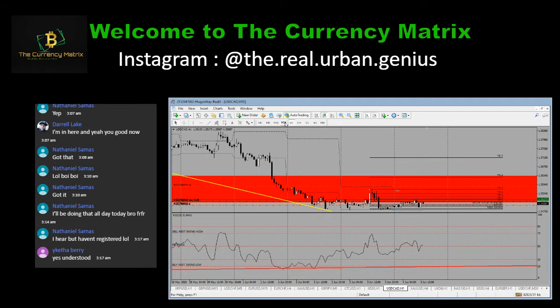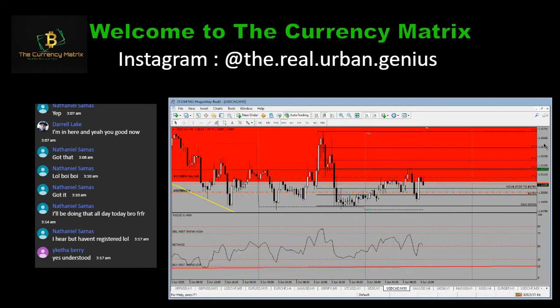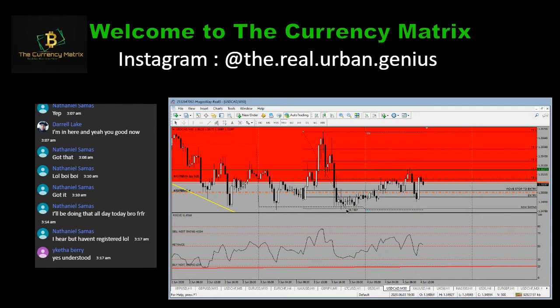And that can also be seen here on the 30. Swing high. Swing low. Of course, that gives me my plots over here.